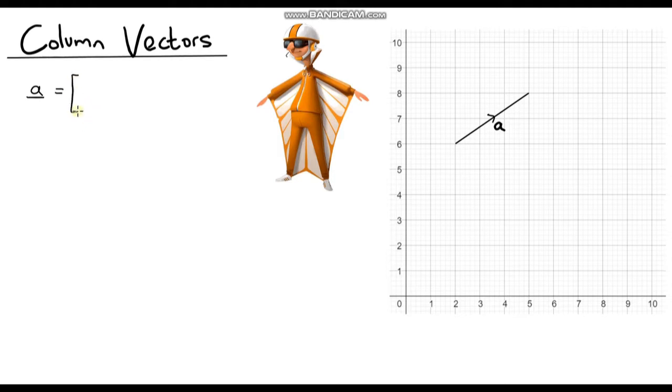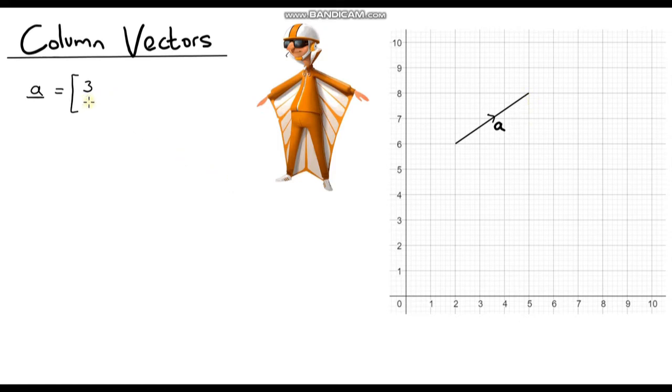So what I mean by that is, if we look at the horizontal distance that it's travelled from here to here, we've gone 1, 2, 3 spaces to the right. So our horizontal component will be 3. And if we think about our vertical component, how far have we travelled in the vertical direction to go from here to here? Well, we've gone up 1, 2 spaces.